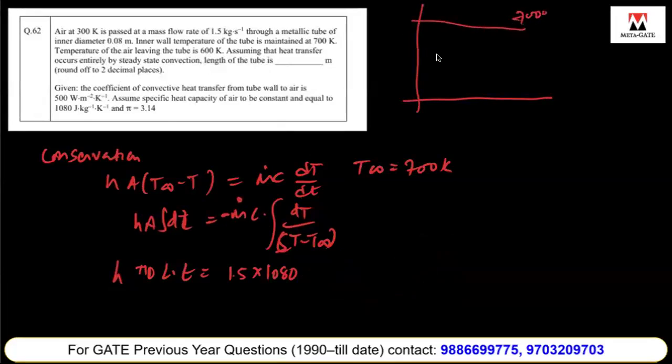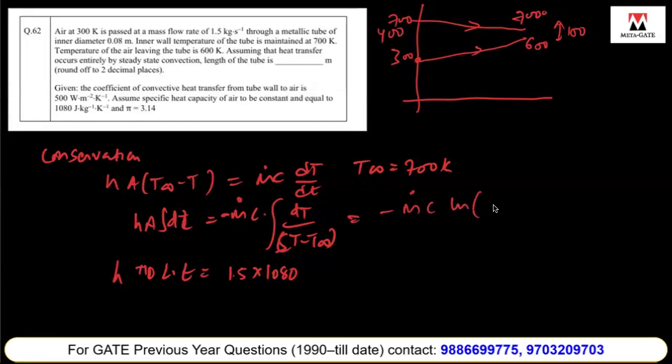The air enters at 300 Kelvin and leaves at 600 Kelvin. So the difference in temperature at the exit is 100, and at the inlet it is 400. Now it is minus m dot C ln of (T minus T infinite).